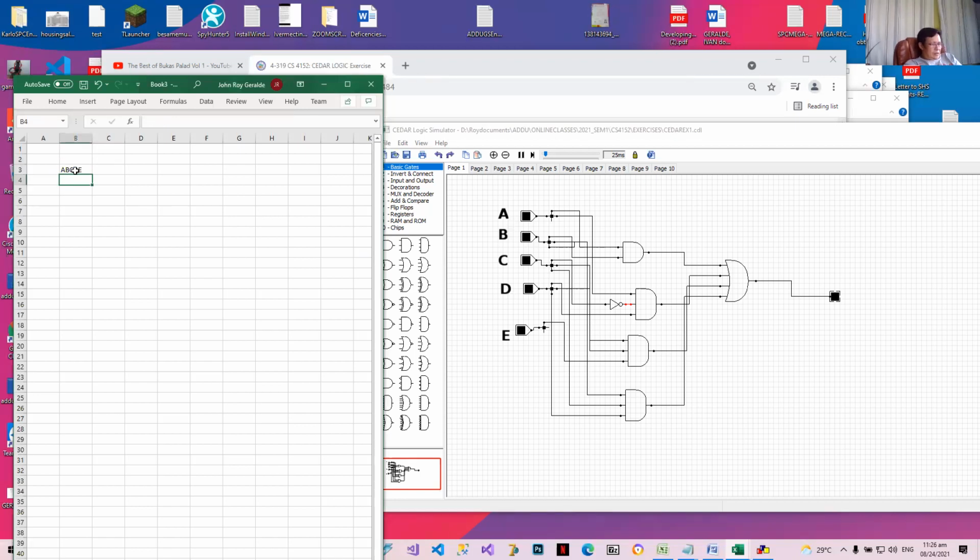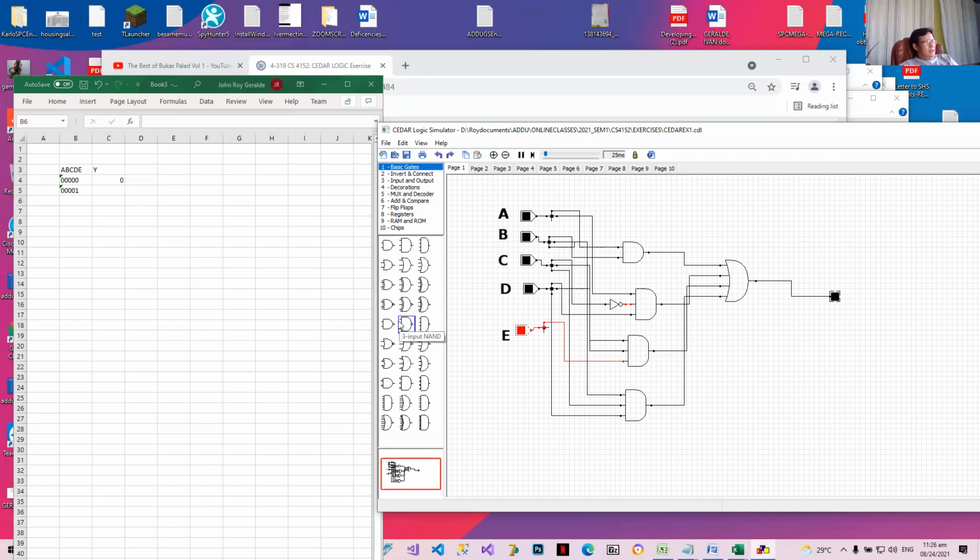We have 0, 0, 0. This will be our Y. 1, 2, 3, 4, 5. Y is a 0. Do you follow? Everyone? And then we need a 0, 0, 1. 1, 2, 3, 4, 5. Okay. So we will set this as 1.